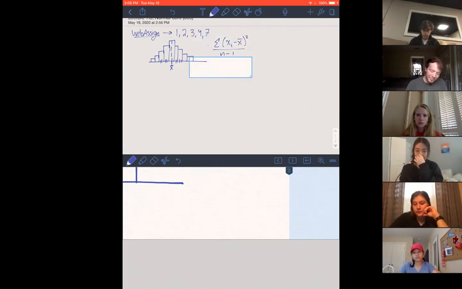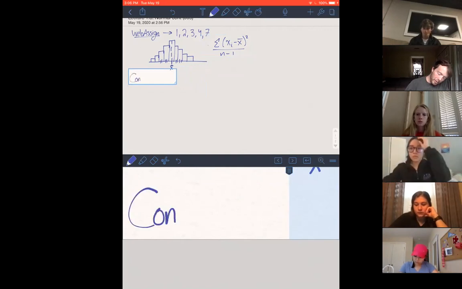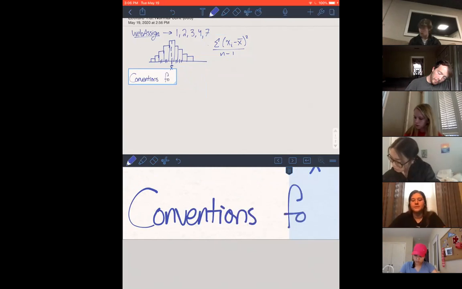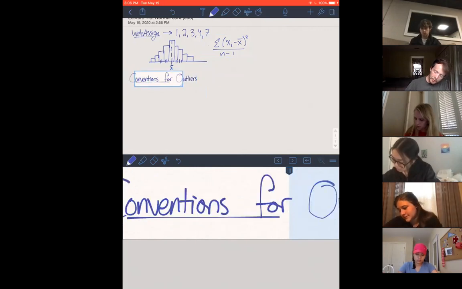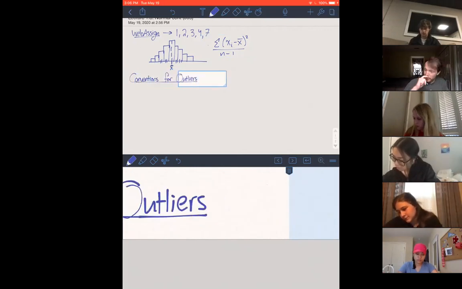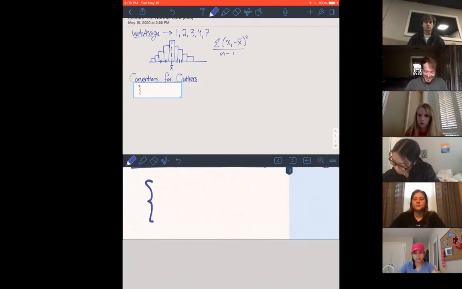All right. So the first thing I want to talk about is conventions for outliers. I believe in the lecture video we had this example of tornadoes in Oklahoma. Granted, I made up these numbers, so don't check me on this.